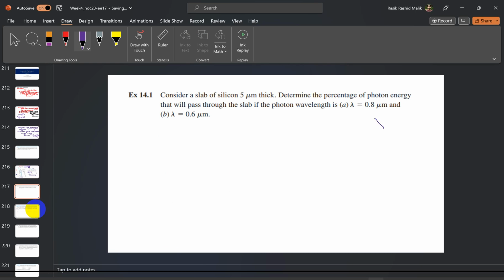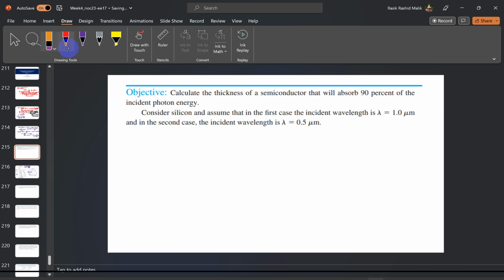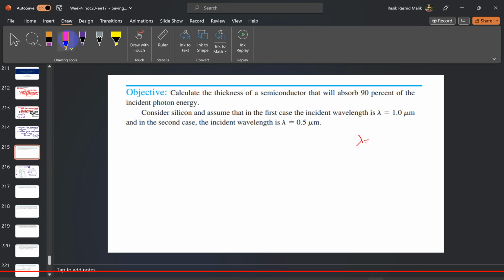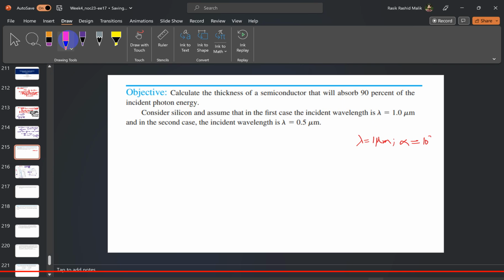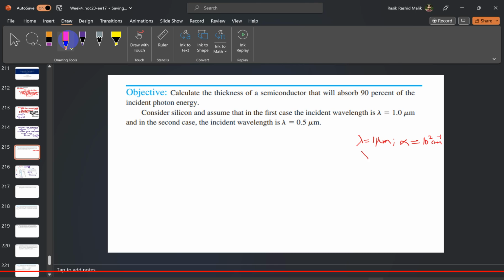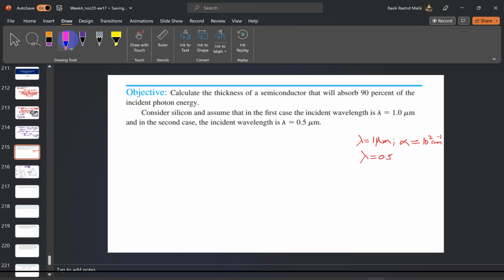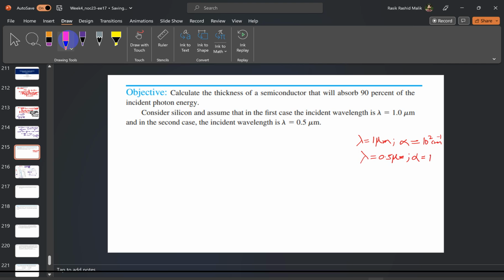I will write the values of the absorption coefficients. For silicon, when lambda is 1 micrometer, alpha is 10 to the power 2 per centimeter. In the second case, when lambda is 0.5 micrometer, alpha is higher, 10 to the power 4 per centimeter.